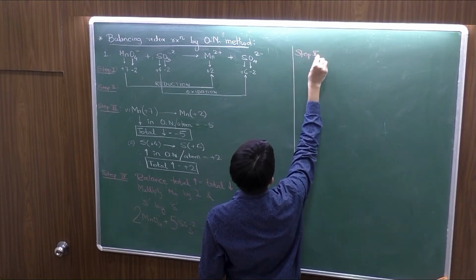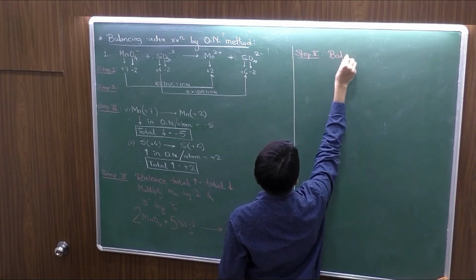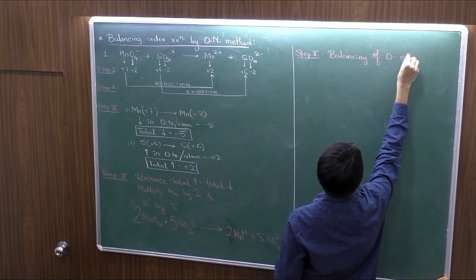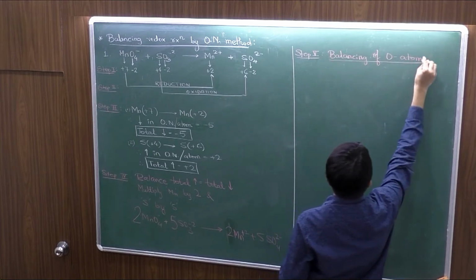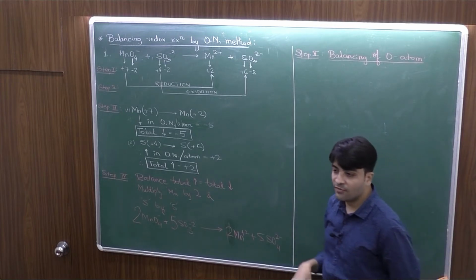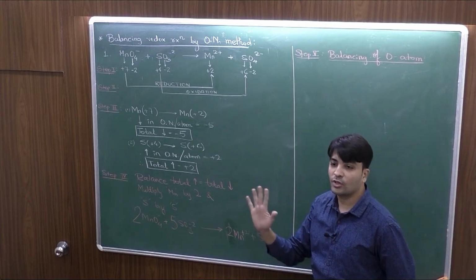Step 5 is specifically balancing of oxygen atom, and the rule is you find the total oxygen on the left and total oxygen on the right, and wherever there is deficiency of oxygen, you add the water molecules.